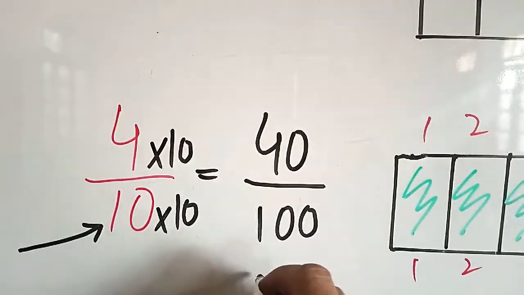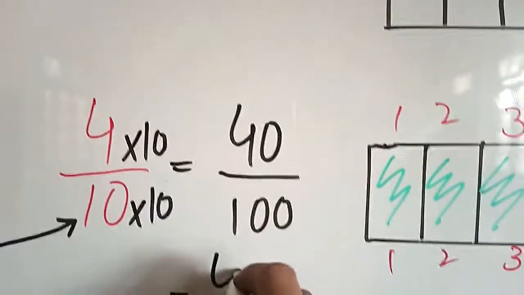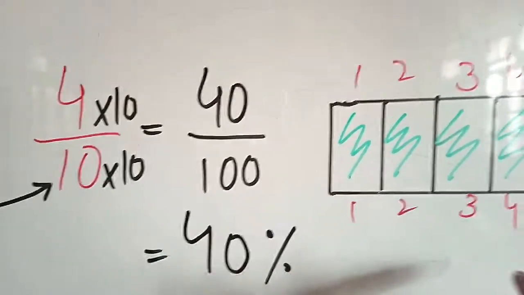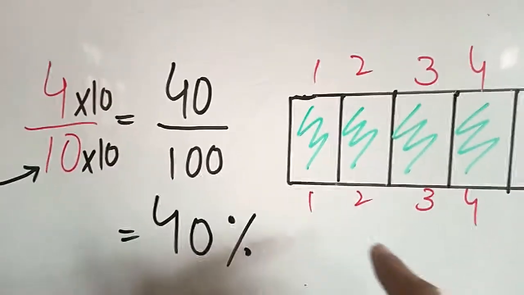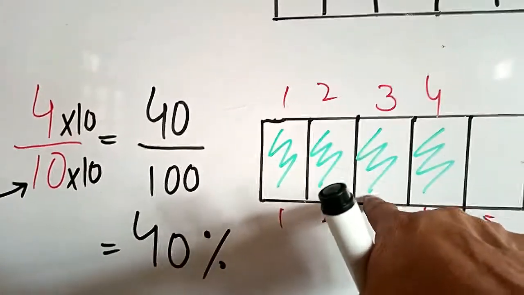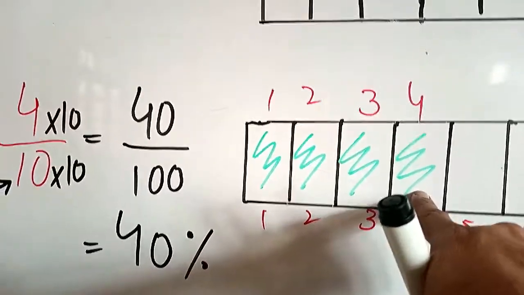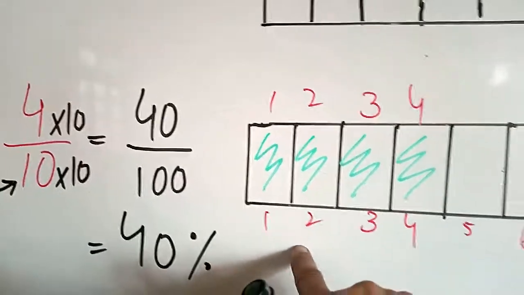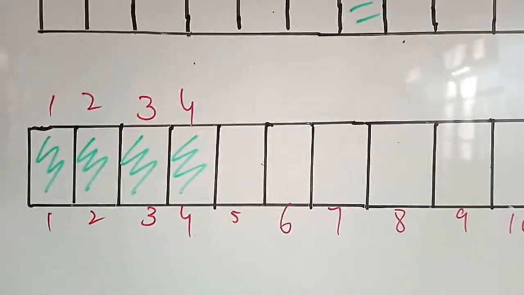It means we are having 40% of these blocks. Here 40% are shaded green. The green shades are 40% of this whole strip.